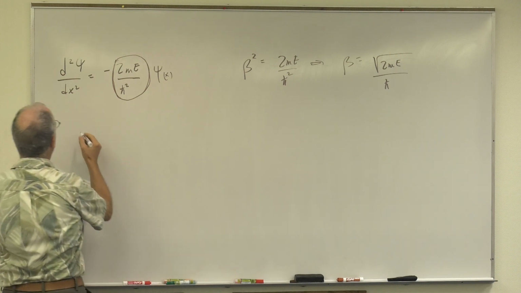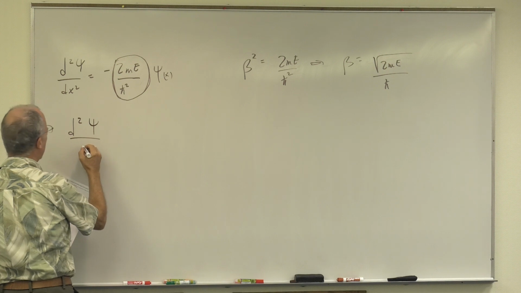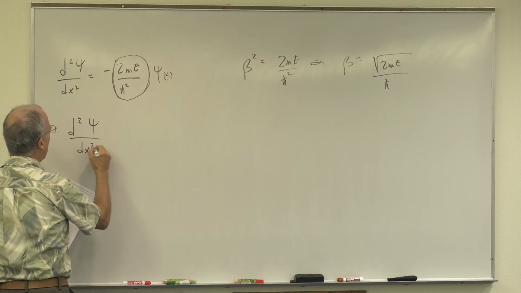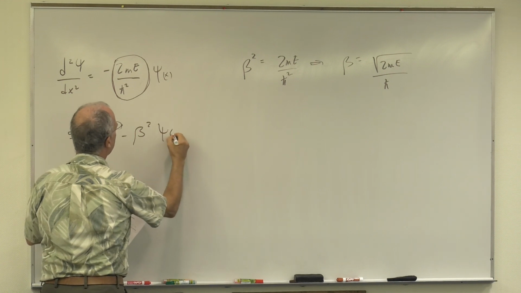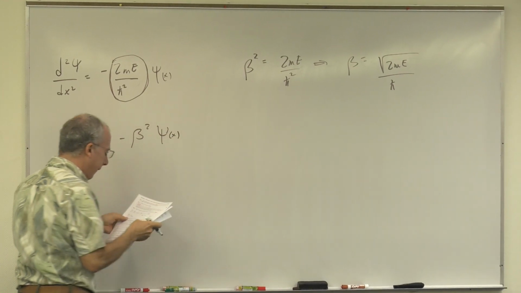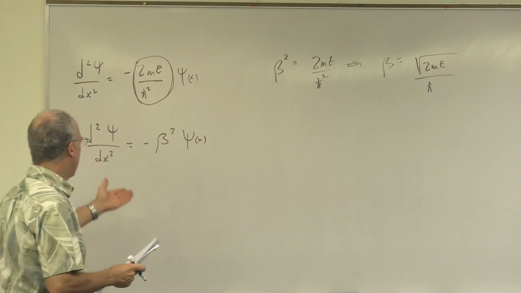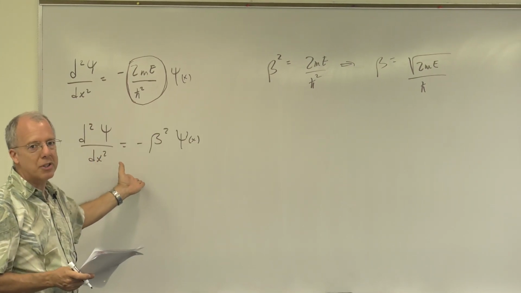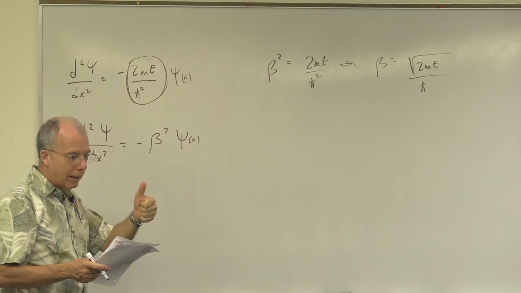All right, so now we have d squared psi dx squared equals minus beta squared psi. Okay. Now, Physics 220 students, where have you seen that before? Or something similar? Simple harmonic motion, right?